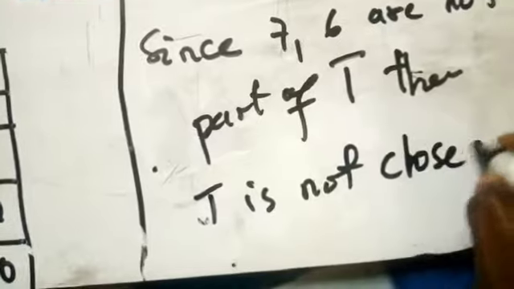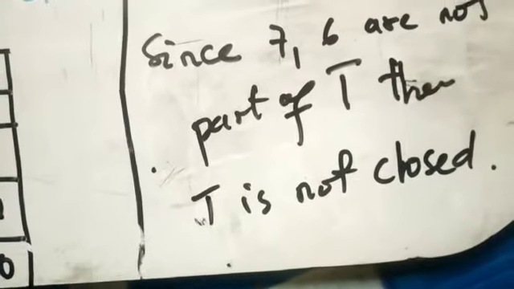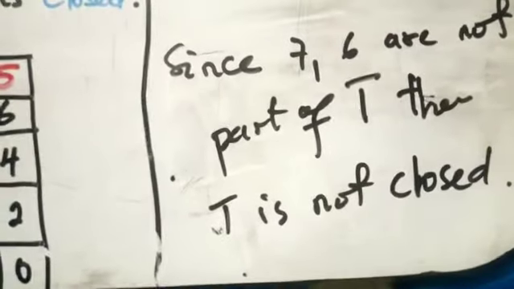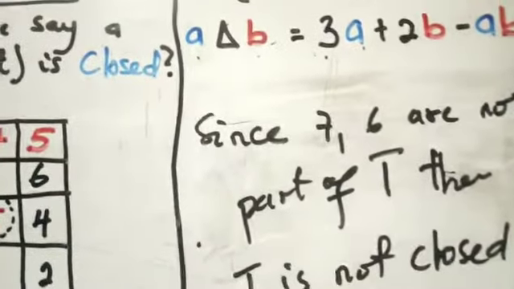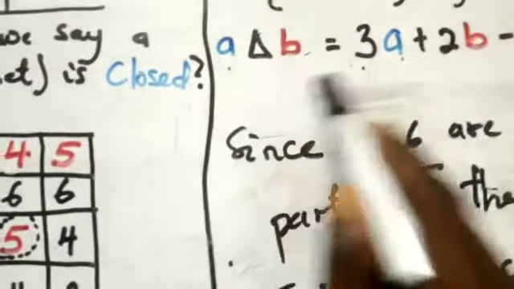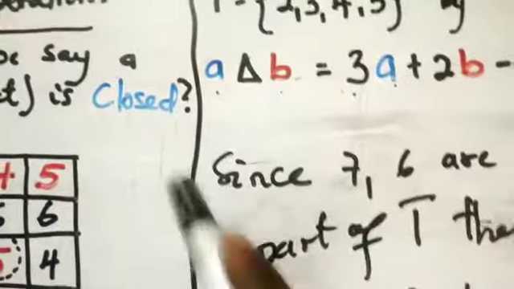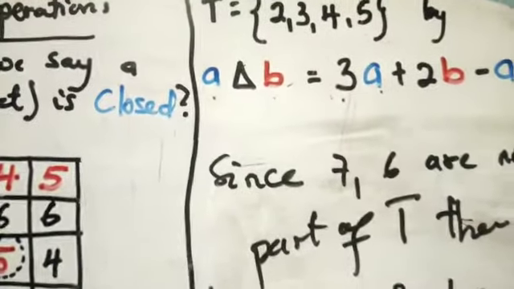This is just a simple definition of closed, because we want everybody to be a family member. If after combining, what we get is not part of the family, then we can say that T is not closed. Is that okay? Very, very simple.